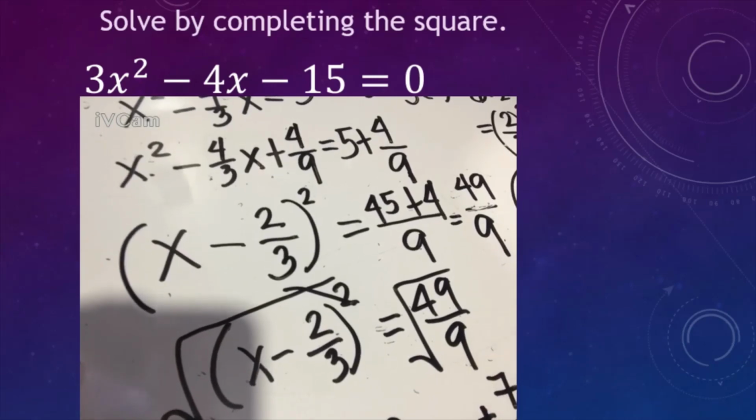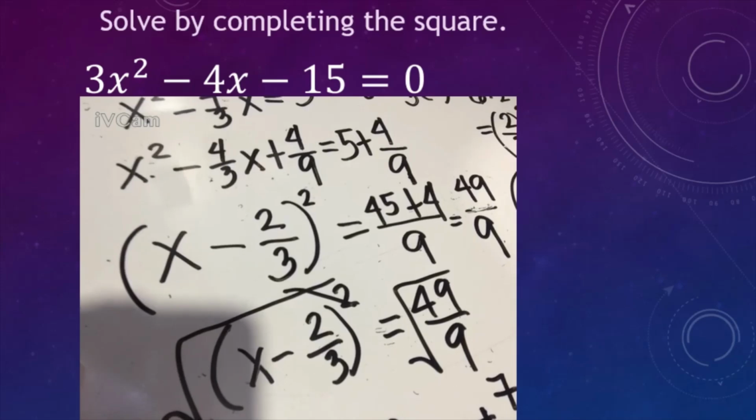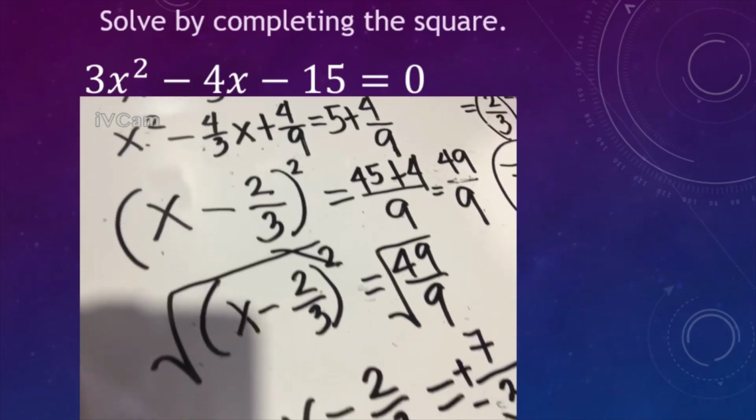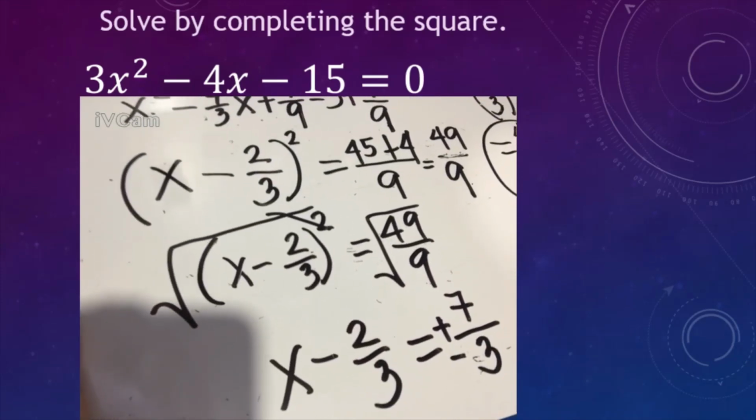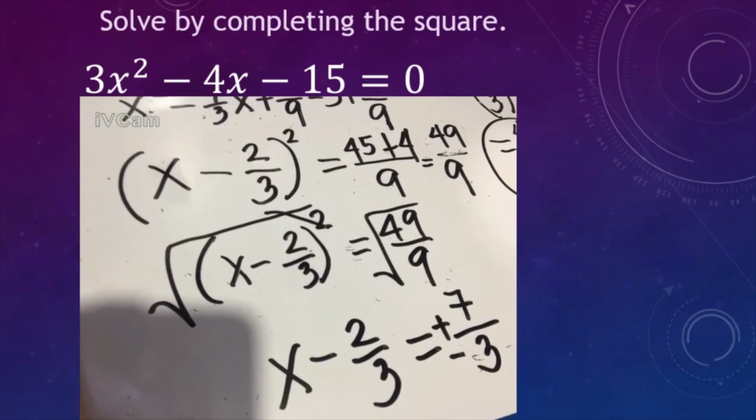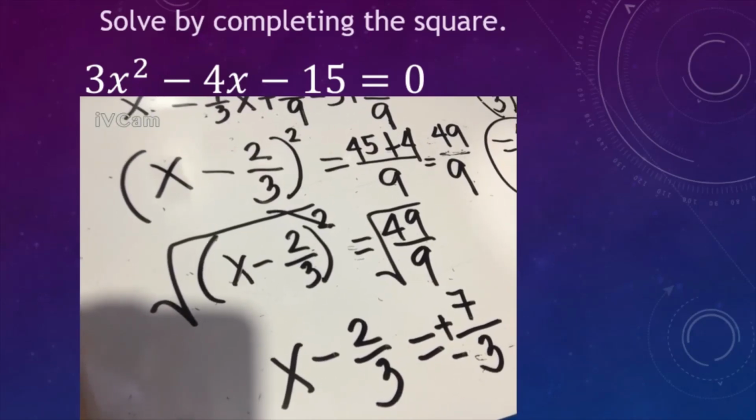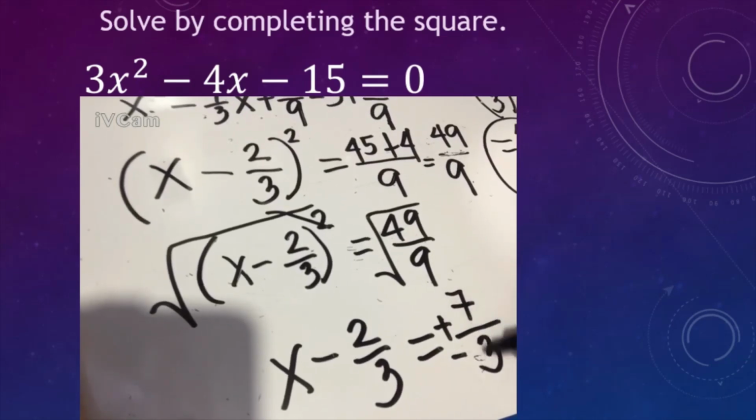Plus and minus 7 over 3. So what we're going to do next? We're going to solve the resulting linear equations. What is the resulting linear equations? As you can see, we have two possible values of x here. When 7 over 3 is positive, and when also 7 over 3 is negative.